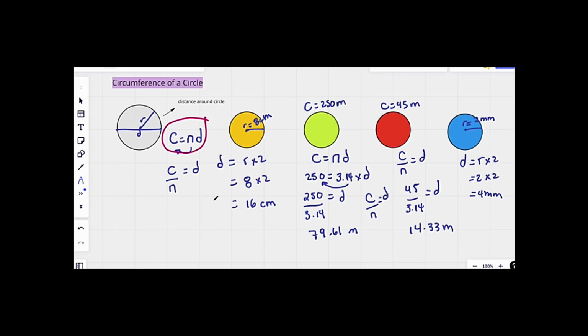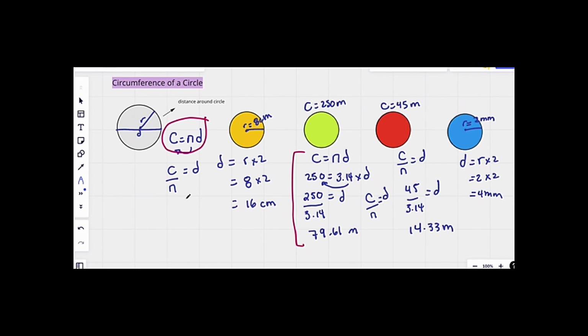And so we can move some things around to be able to calculate what we need, and so be able to get the diameter. If we're given the circumference, we just grab the circumference and divide that by pi, and that will give us the diameter.